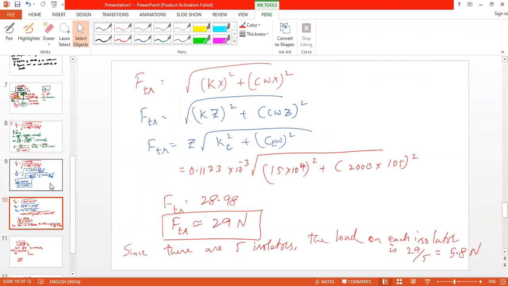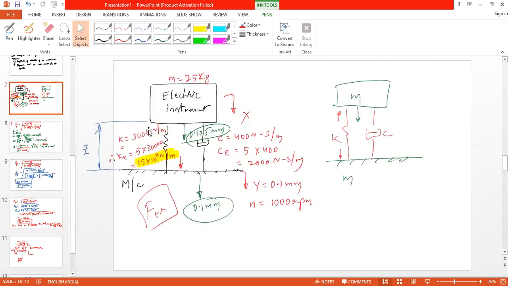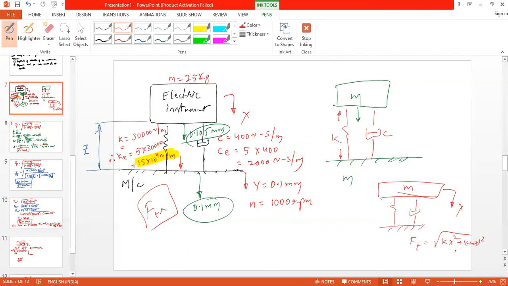See here, if it is a case of simple forced vibration, where the support is fixed, and the mass is given with the displacement x, then we would be using FTR is equal to root of (kX) whole square plus (c omega X) whole square. If there is no displacement of the support, or y is equal to 0, in that case, we would have used this equation.